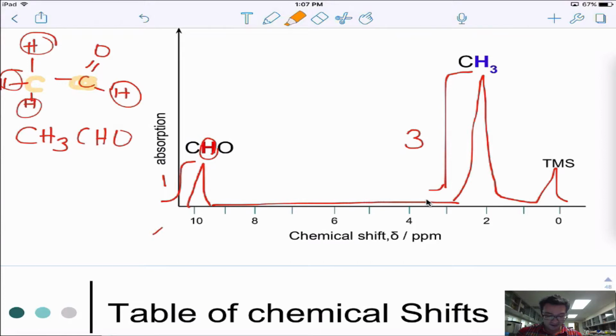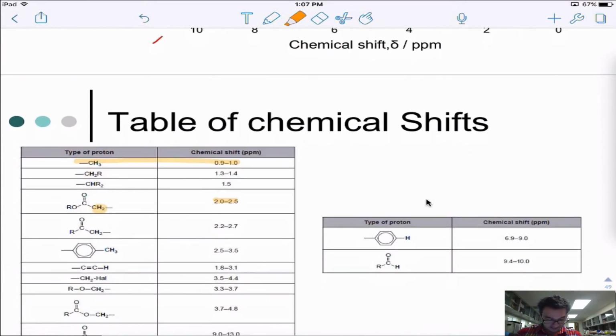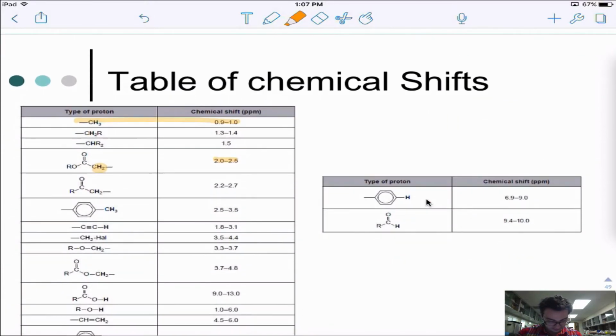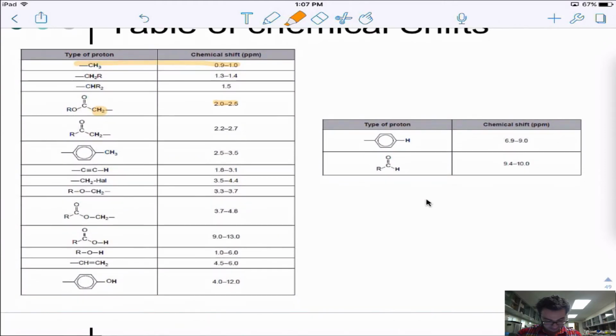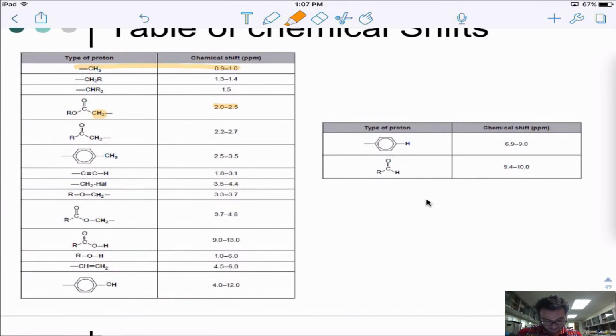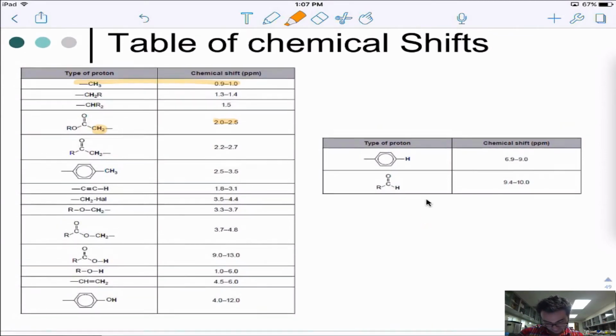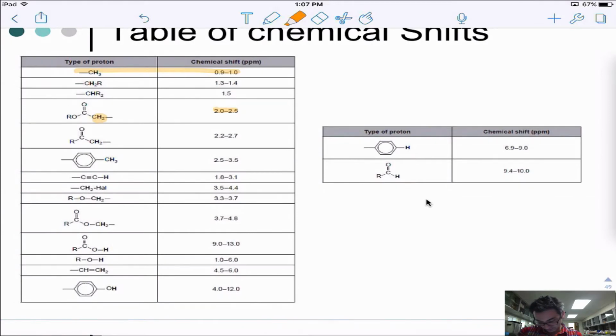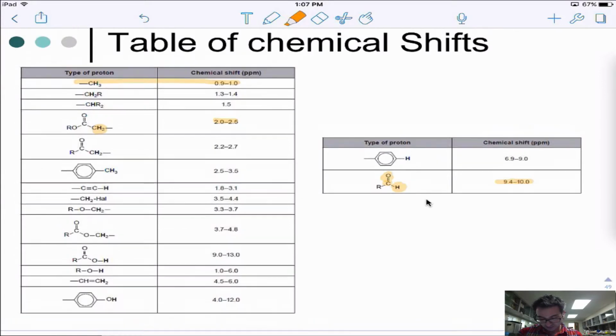Let's see if we can find the aldehyde group, so the hydrogen attached directly to the carbon that has the oxygen there. See if we can find that, looking for it. Oh, here it is. So you can see when I have a double bonded O and an H attached to this carbon, look at where the shift is.